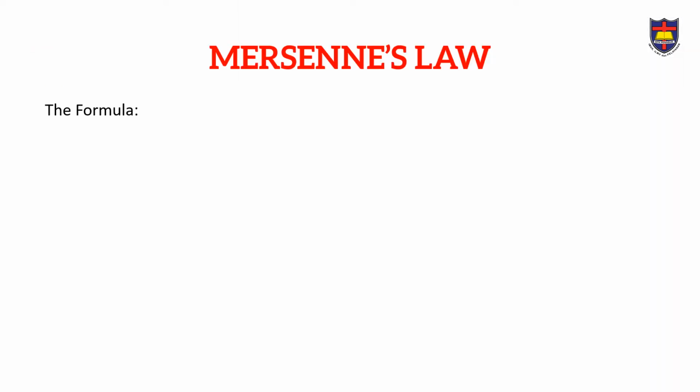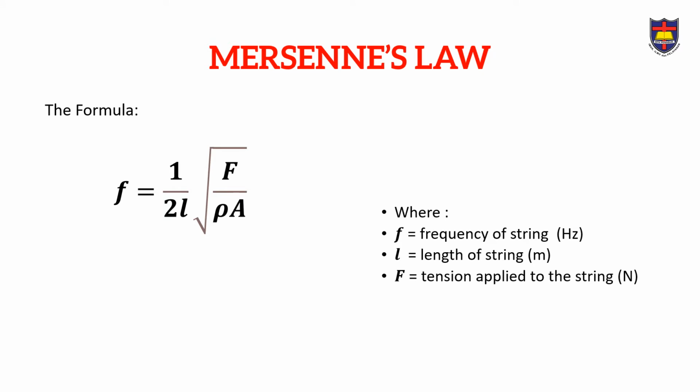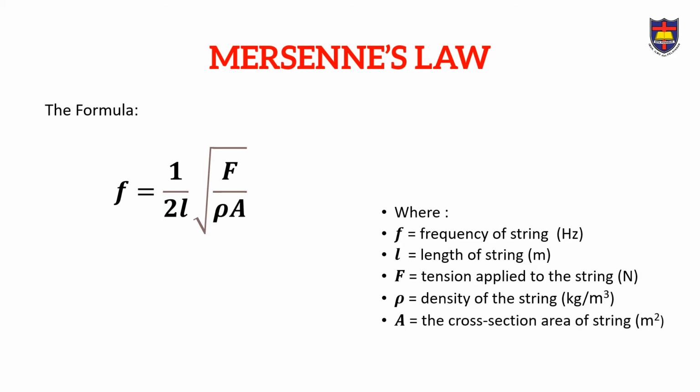Alright, to find out the frequency of the string, we can simplify Mersenne's law into the formula f equals 1 over 2L times the square root of F over rho times A, where f is the frequency of the string, the unit is Hertz, L is the length of the string, the unit is meter, F is the tension applied to the string, the unit is Newton, rho is the density of the string, the unit is kilogram per meter cubed, and A is the cross-section area of the string, the unit is meter squared.